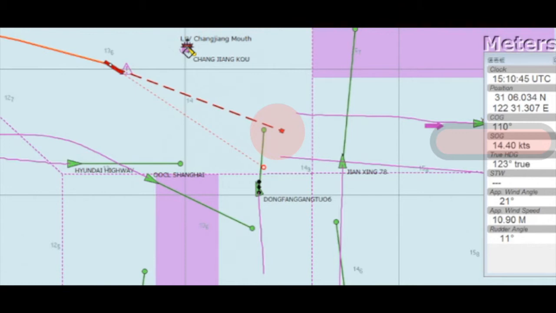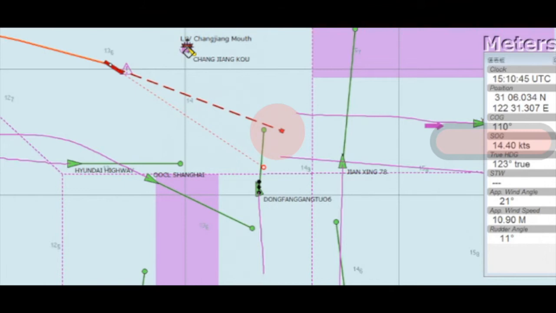We also have a collision bar, which is our speed and course vector, what we usually call our collision line. This line is decided by our course and speed. Right now we can see from the picture the speed is 14.4 knots.